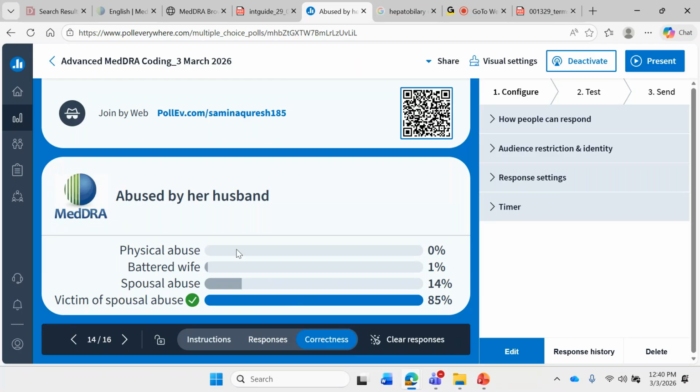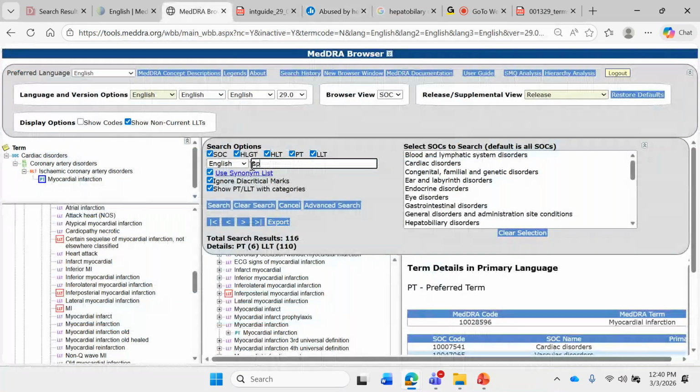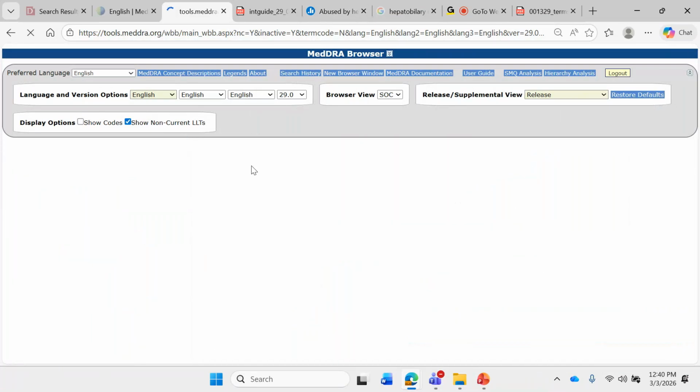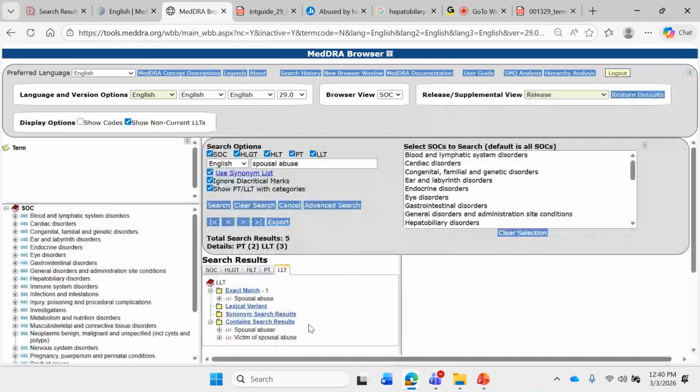Spousal abuse. Let me see, 14% of you said spousal abuse. Let's see in our hierarchy where that goes. Okay, so if we look at spousal abuse, we look at the hierarchy, it goes to PT spousal abuse, but it's going to the HLT criminal activity.